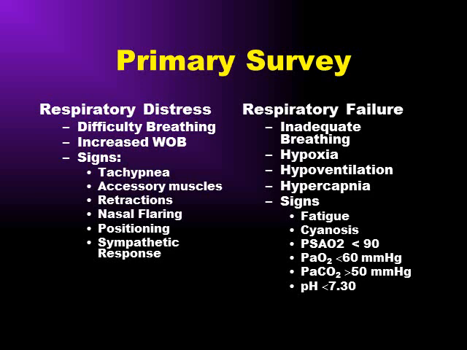A person in respiratory failure has inadequate breathing, and as a result, they may actually have less work of breathing. They may be becoming fatigued and starting to wear down, or they have maybe a much, much higher degree of work of breathing, incorporating more muscle activity and therefore using up their oxygen supply. They fail when they cannot meet the oxygen demands.